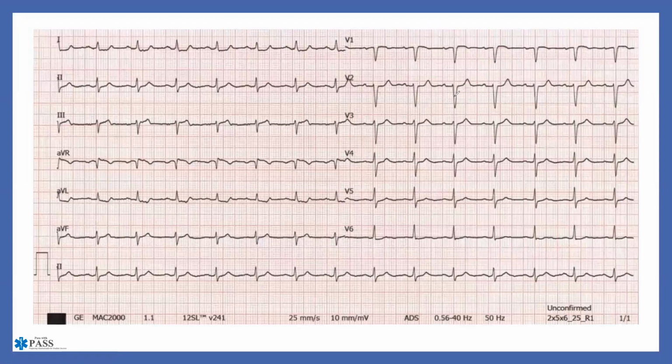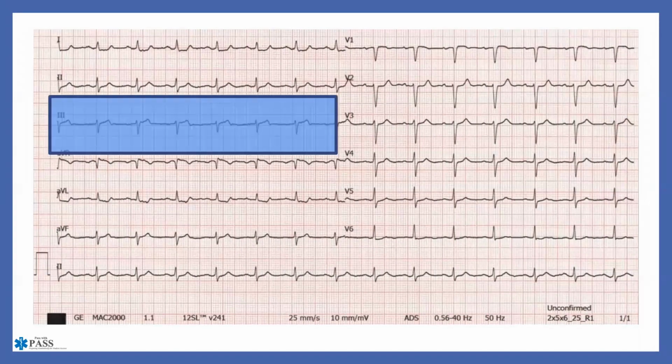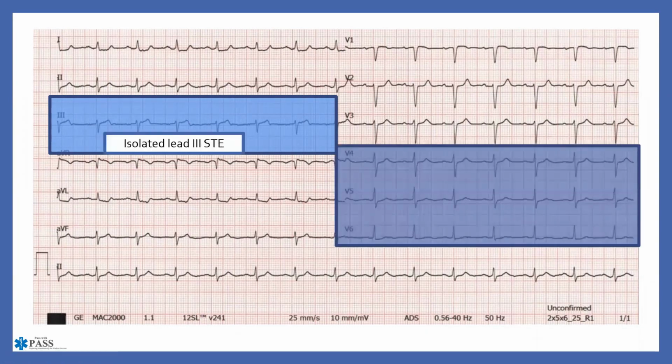As we look at this EKG here, remember that we should have inferior ST segment elevation in lead 3. If we look there and find our J point, we can see that we do have greater than 1 millimeter of elevation as compared to our TP segment. So that is characteristic. The second part is that in V4, V5, and V6, we should have ST segment depression. As you look, if I find my J point as compared to my TP segment, I have depression, I have depression, I have depression.